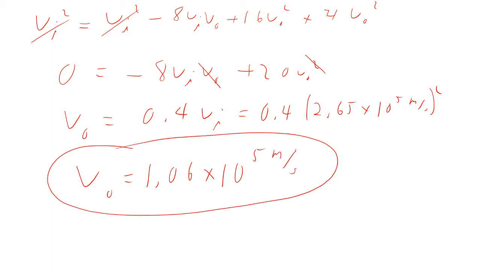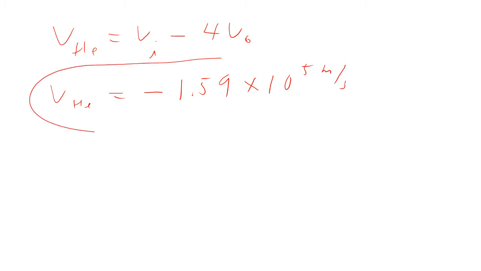Okay, now we go back and we say, oh, but wait, we've already derived that the velocity of the helium is the initial velocity minus 4 velocity of the oxygen. So if we plug that in, that would tell us that this is equal to minus 1.59 times 10 to the fifth meters per second.